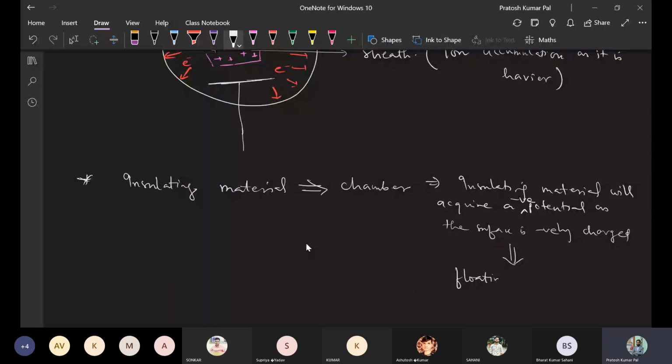The potential acquired by this insulating material will be considered the floating potential. Okay.